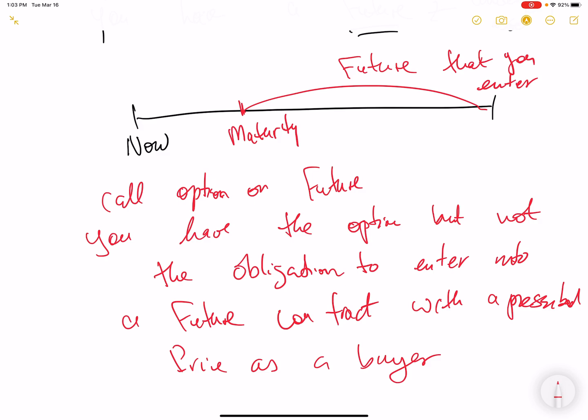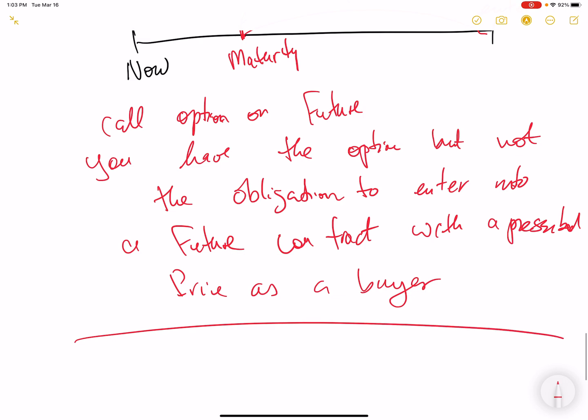So if you're entering into a future contract here, you then have to buy the asset for whatever price you agreed here. So how do you make money on futures?